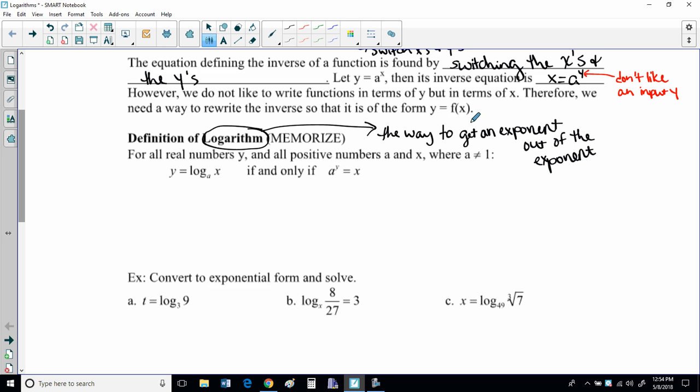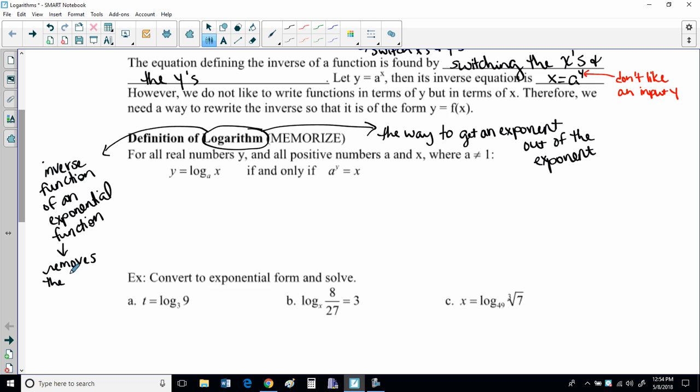So if you're asked what the logarithm is, it is literally just the inverse function of an exponential function. And what it does is it removes the base.